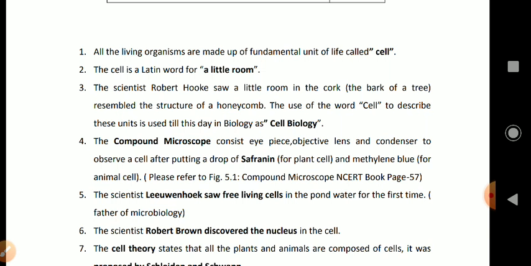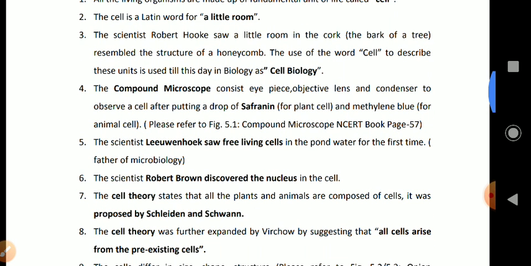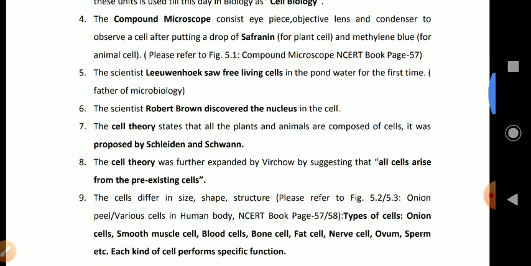Safranin is used for plant cells. Methylene blue is used for animal cells. Leeuwenhoek saw free living cells in 1674. Robert Brown discovered the nucleus in 1831. Schleiden and Schwann gave the cell theory in 1839, and Virchow expanded this theory in 1855.